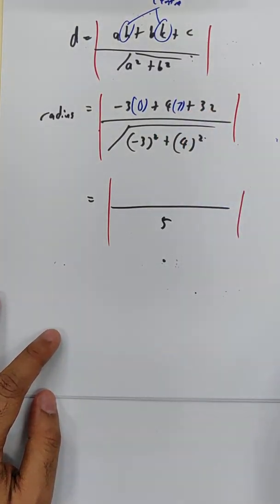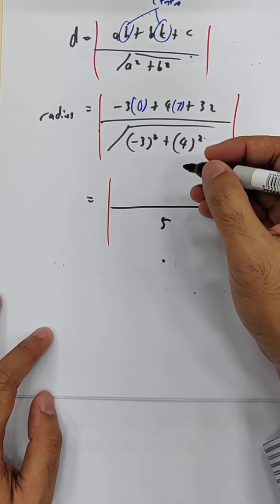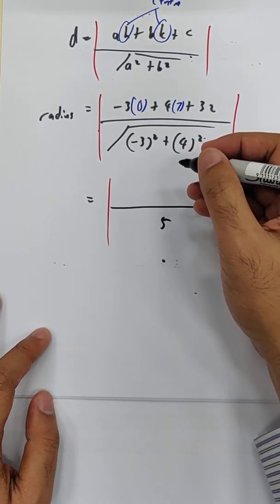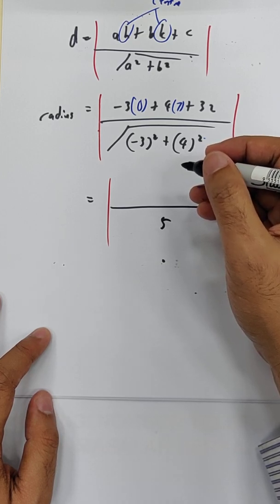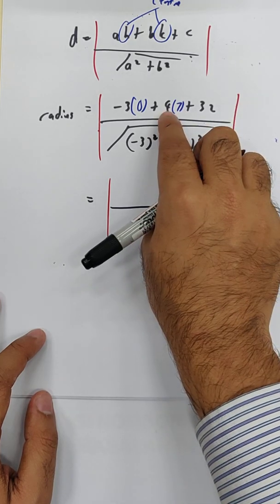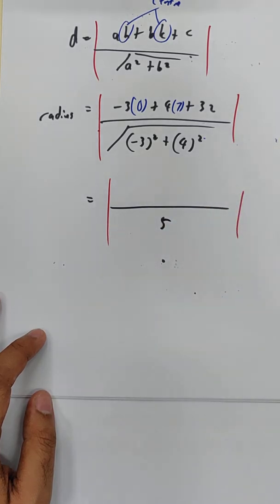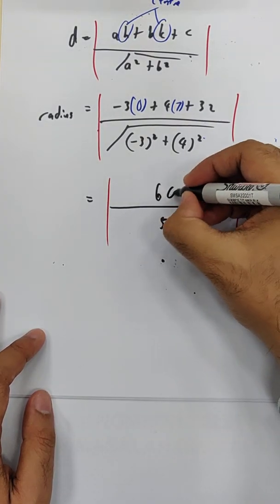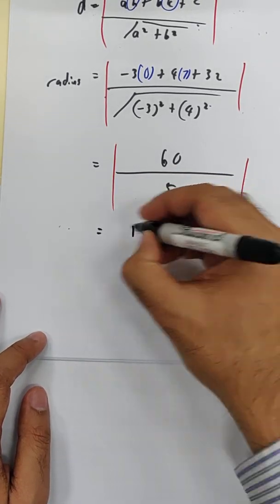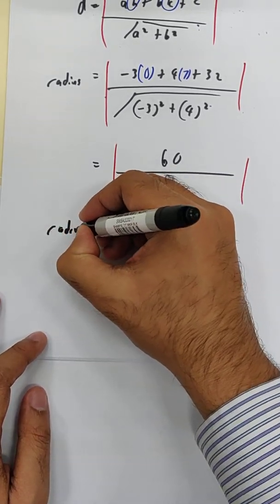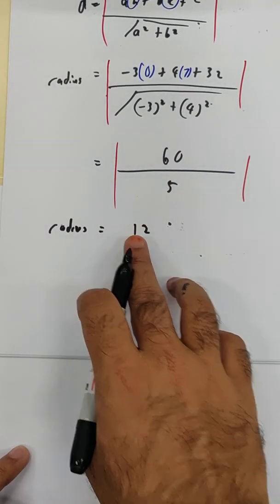So 28 plus 32, is it 50? Sorry, 60, right? So 60 over 5, and the modulus gives 12. So our radius is 12. Are you okay? Now we've got our radius 12, what should we do?